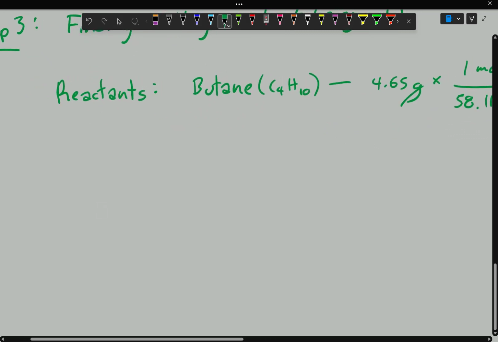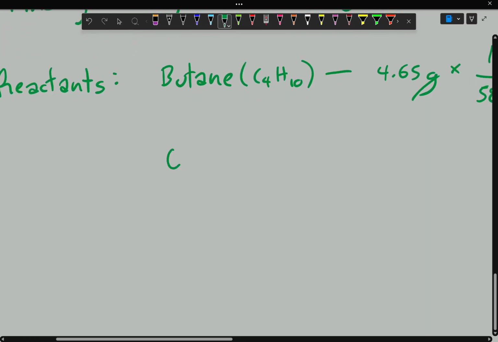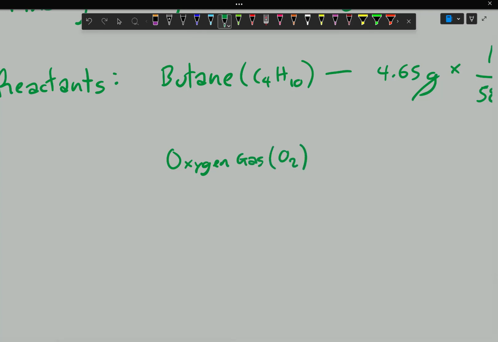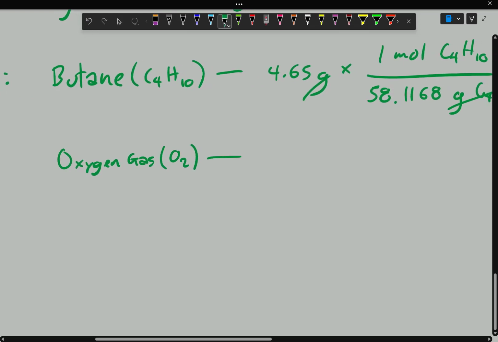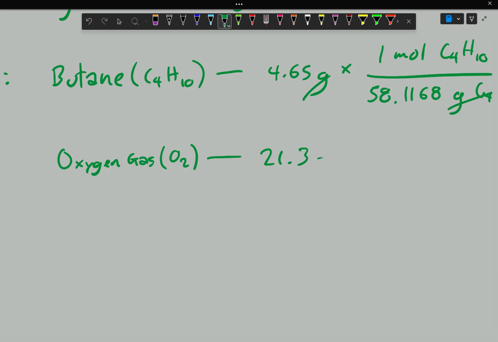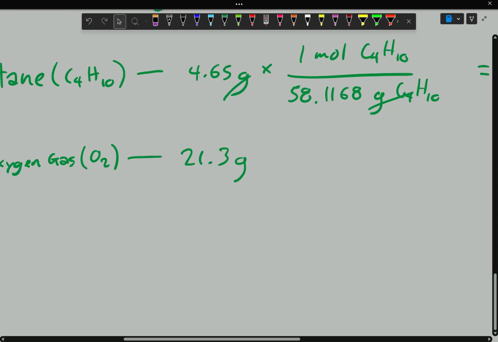Our second reactant is oxygen gas, O2. And in the problem, we're told that we start with 21.3 grams of oxygen.